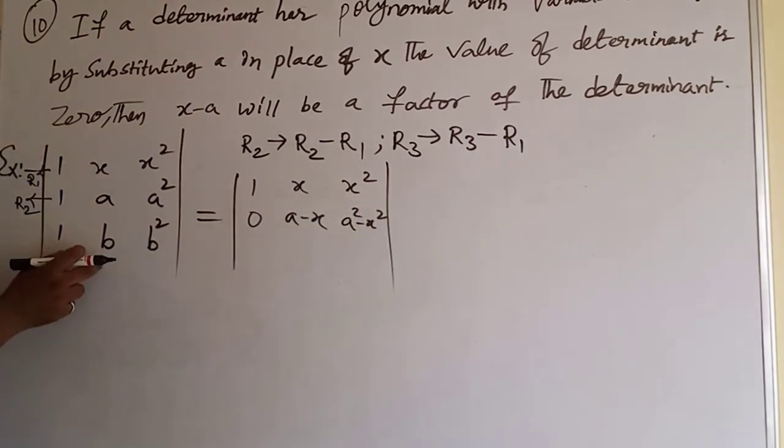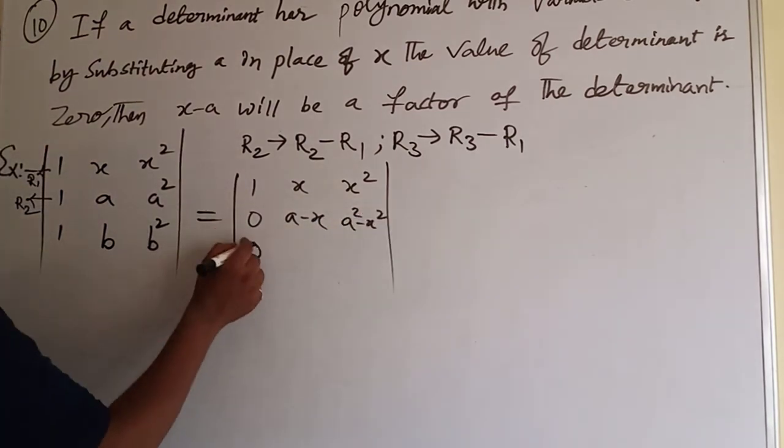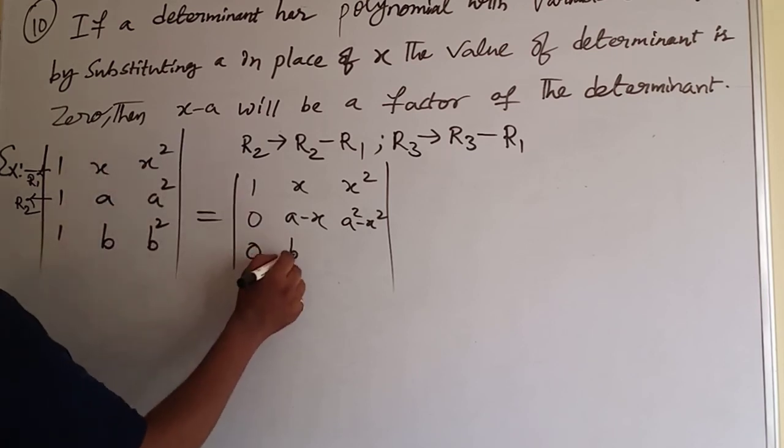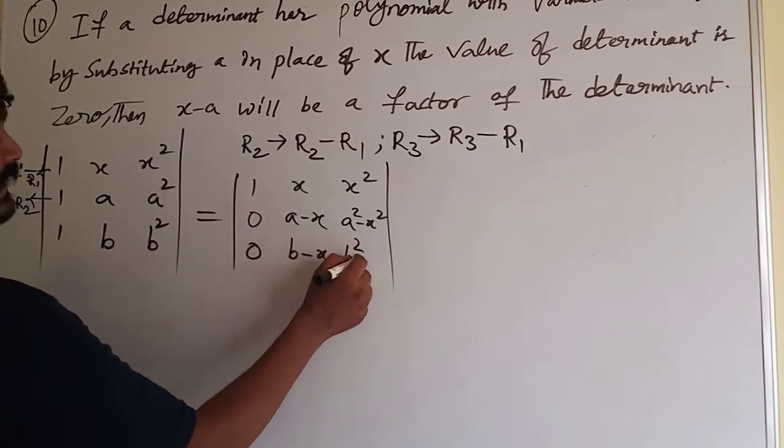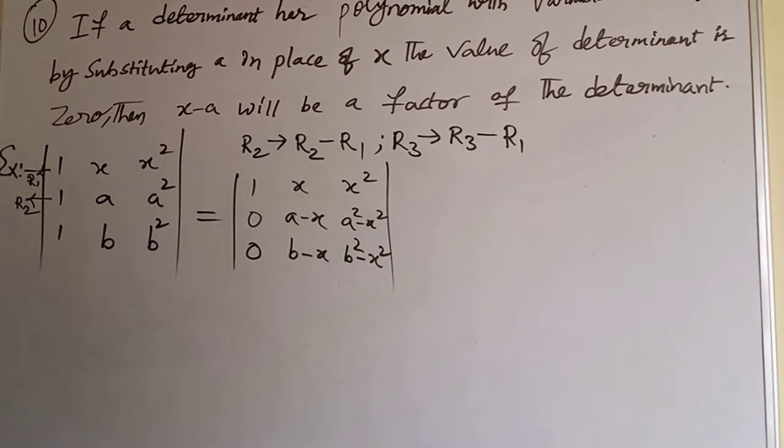Same method, can you tell for this one? Here 1 minus 1, 0. b minus x, b square minus x square. So I hope you all understood how to do this. These operations we call elementary operations, and it is very easy also.